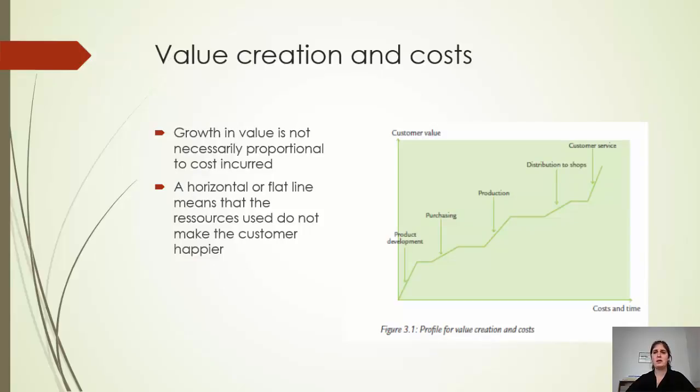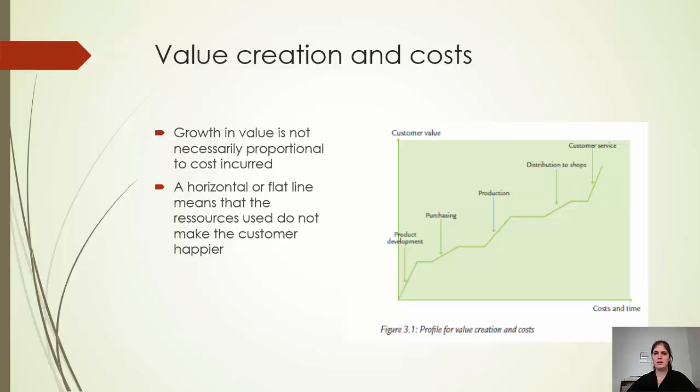What we see in the bottom is the cost and time, so all the resources that we put into the creation of a product. On the other axis, we have the customer value, so the perceived value from the customer. So the growth of value is not necessarily proportional with the cost incurred. So the cost we have for these different elements are not necessarily equal to the value the customer sees or the customer experience.